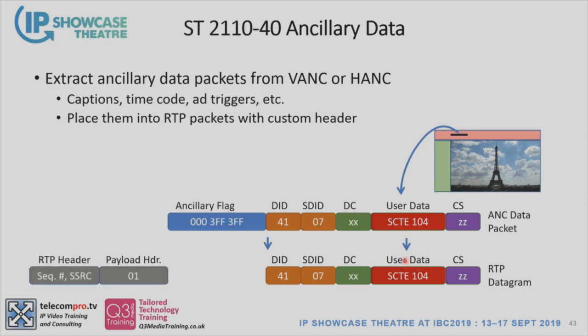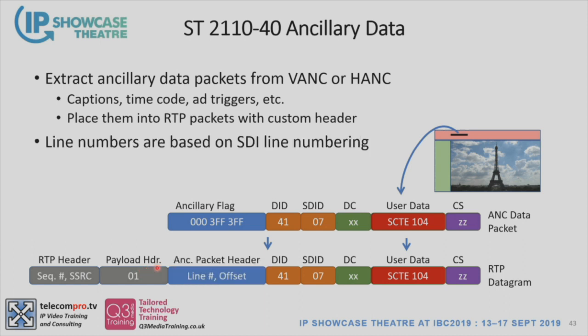But then, of course, we need to add a RTP header. So that's going to have our sequence number and SSRC, just like all the other RTP headers we had before, and I'll show you that in a minute. We have our payload header, and then we have our special header for each packet of data within the 2110-40 subsystem, and that gives you the line number and the offset.